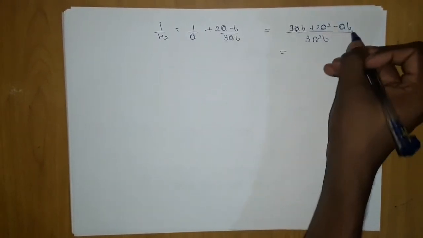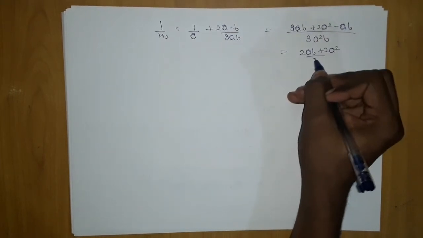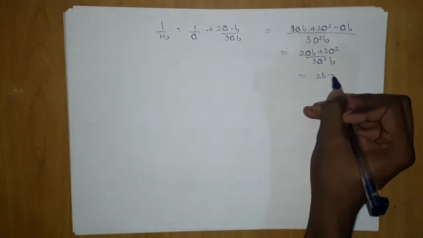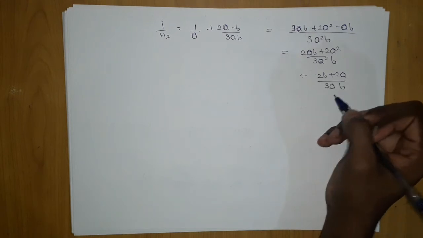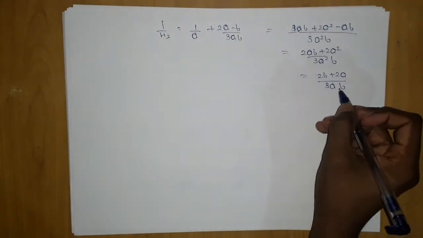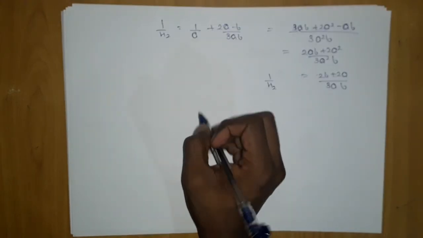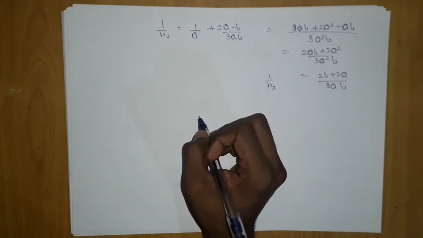You can clearly see this will cancel out, 2ab plus 2a square upon 3a square b, which gives me a will nullify from all sides, b plus 2a upon 3ab. So here if you see clearly, this is 1 upon h2, and if I bring this to that side, what do we have?